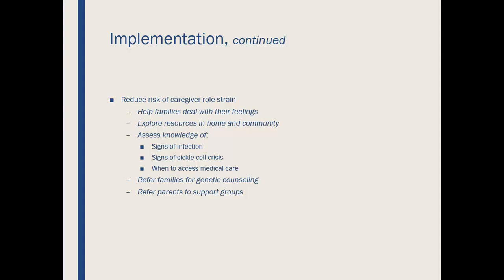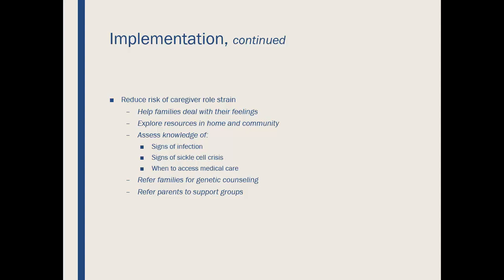You want to assess their knowledge of signs of infection, signs of a sickle cell crisis, and when to seek medical care for the child. These are all important so that they can get prompt treatment for their child.